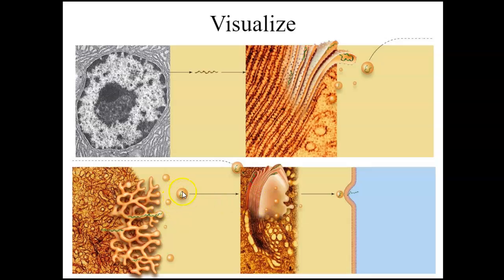So again, a vesicle from the endoplasmic reticulum is transported to the Golgi body for final packaging and then sent to its final destination. Maybe it's to the cell membrane, maybe it's to be excreted from the cell. It just depends on what the protein is.